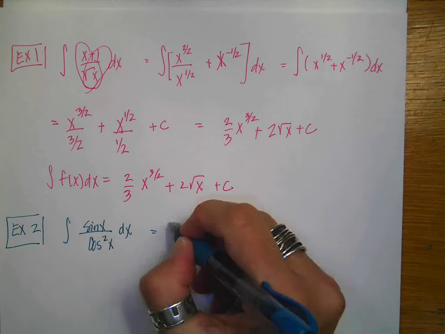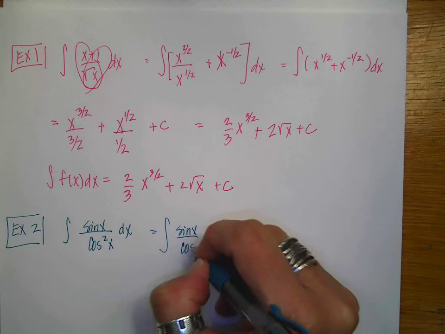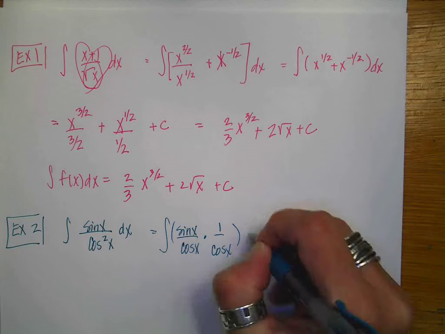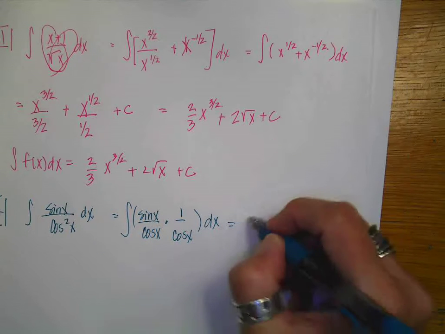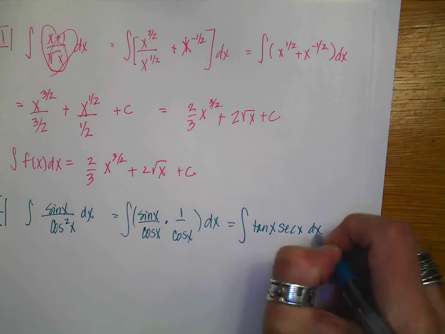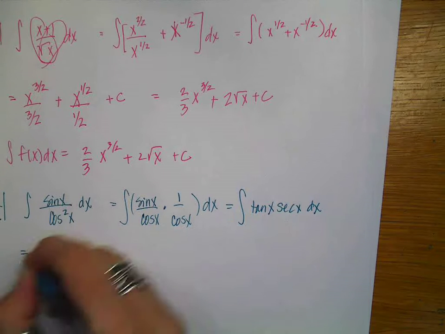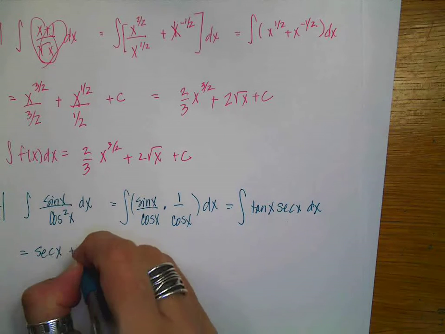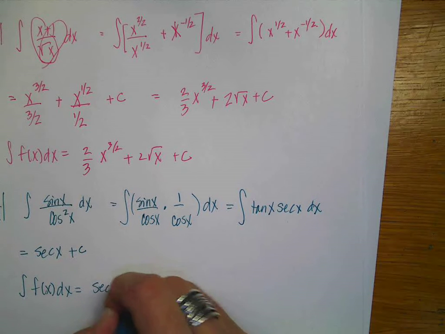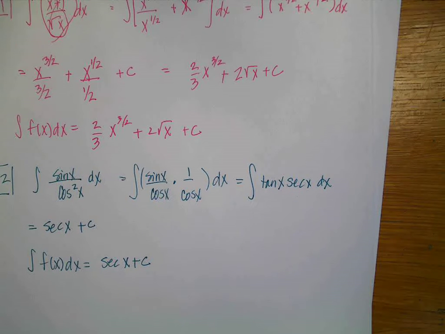Remember there's no quotient rule, so I'm going to split this up and write it as the integral of the sine of x over the cosine of x times 1 over the cosine of x dx, and then this is the integral of tangent of x secant of x dx, and that's easy because this is just one of our integration rules, so this is just going to be the secant of x plus c. So the integral of f of x dx is equal to the secant of x plus c, okay?